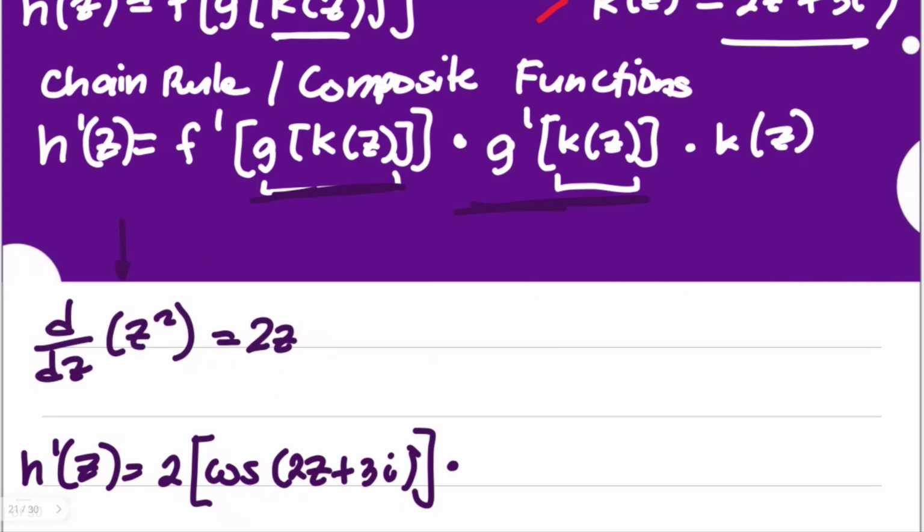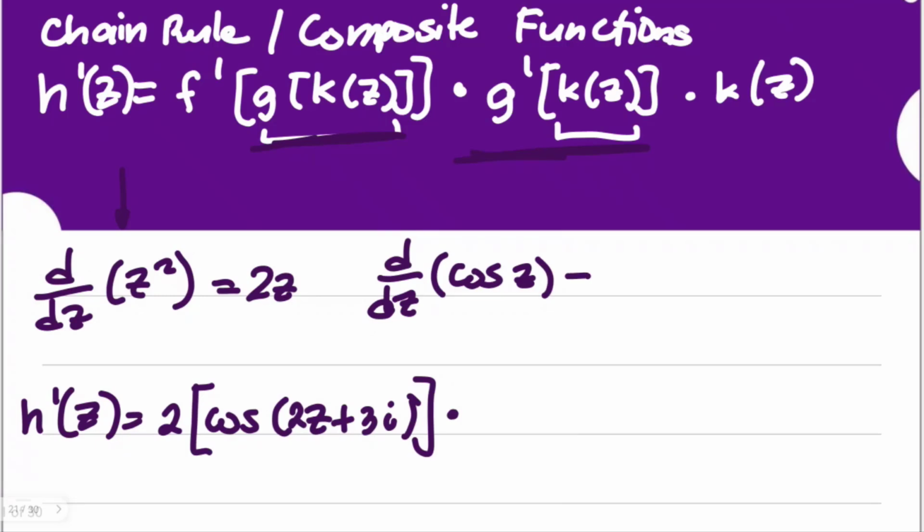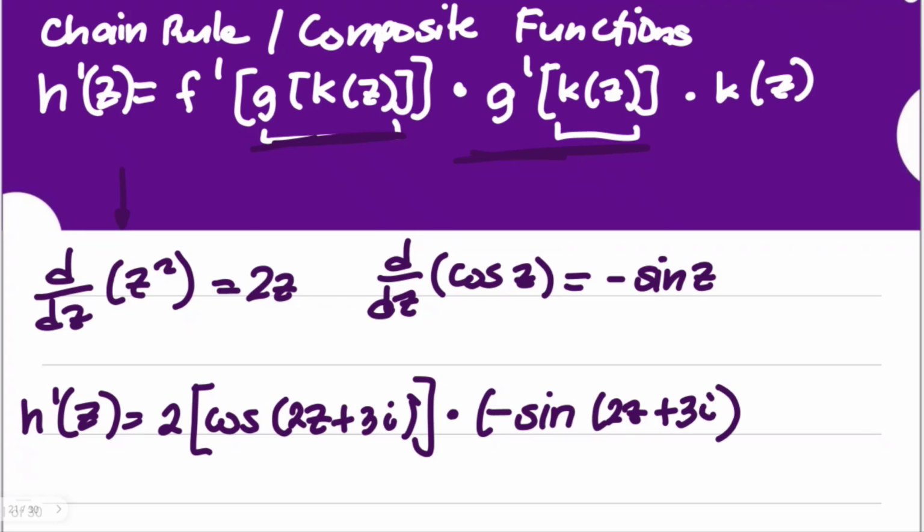The derivative of your cosine of z, I'm just writing it as z in the meantime, is actually equivalent to negative sine of z. So times negative sine of whatever z it is, and the z is actually this entire expression here, so times negative sine of 2z plus 3i. That's for this second motion.